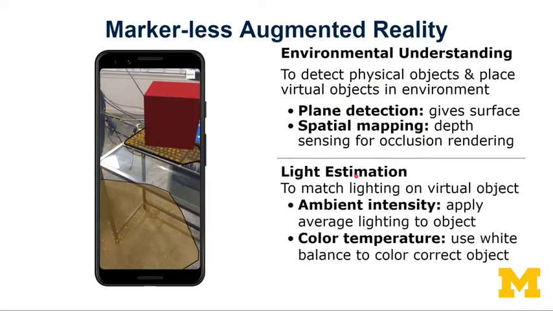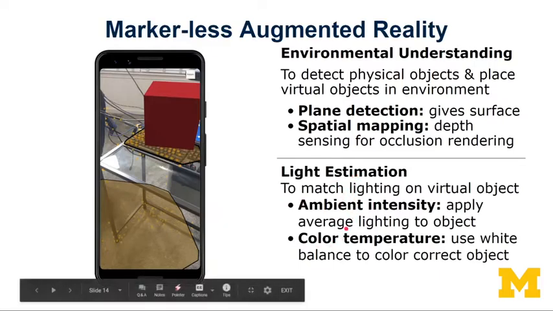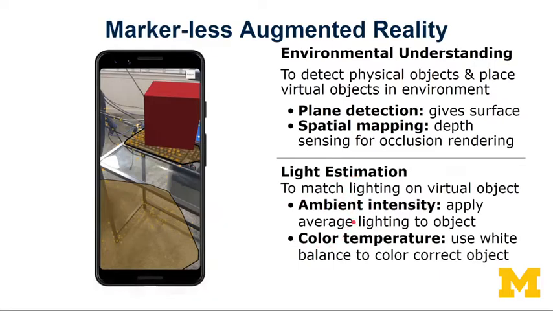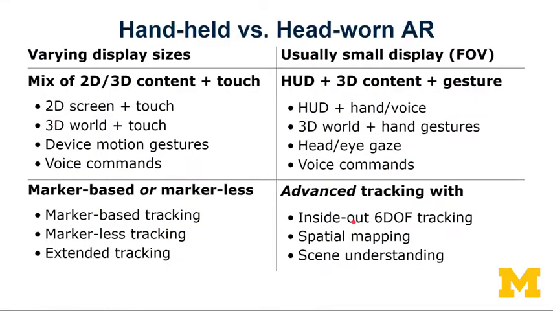Depending on the toolkits that you were choosing and the platforms that you had access to, you may have been able to play around with light estimation. Otherwise, you may have just adjusted some of the lights manually when I asked you to in the honors track. Otherwise, we have learned about handheld versus head-worn AR and what it means to design for small FOVs. So fields of view are limited, especially with the HoloLens 2. Form factor is still quite a limiting factor.